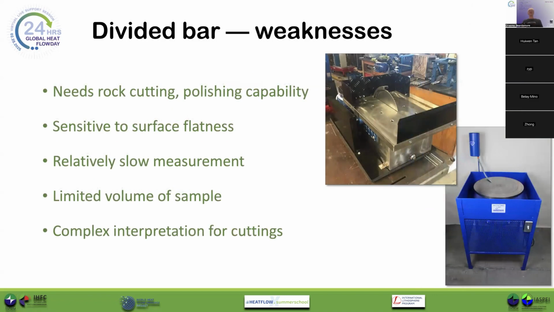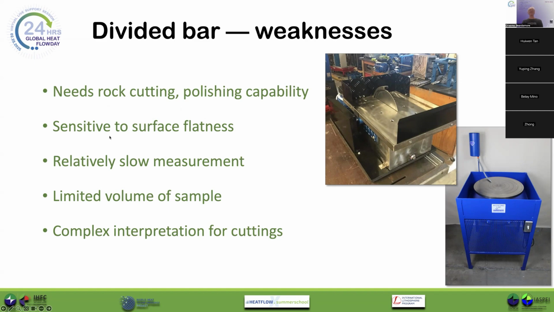So that's the strengths. The weakness is that the effort required to prepare the samples is far and away much more than for the other instrument types. So quite a lot of effort goes into simply preparing the sample for measurement. Making a measurement itself is quite quick and easy once the sample's prepared. It's preparing the sample that takes the time for divider bar measurements.